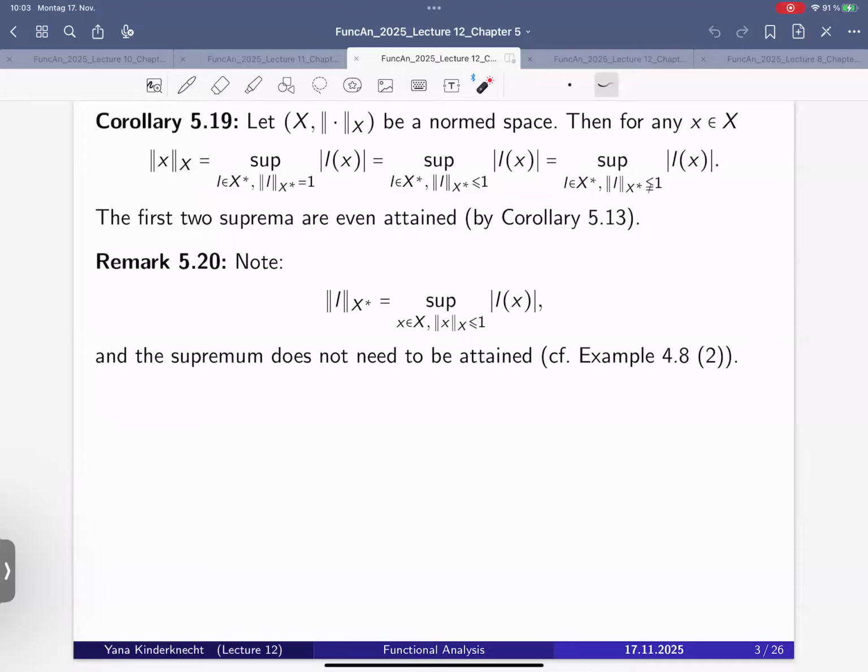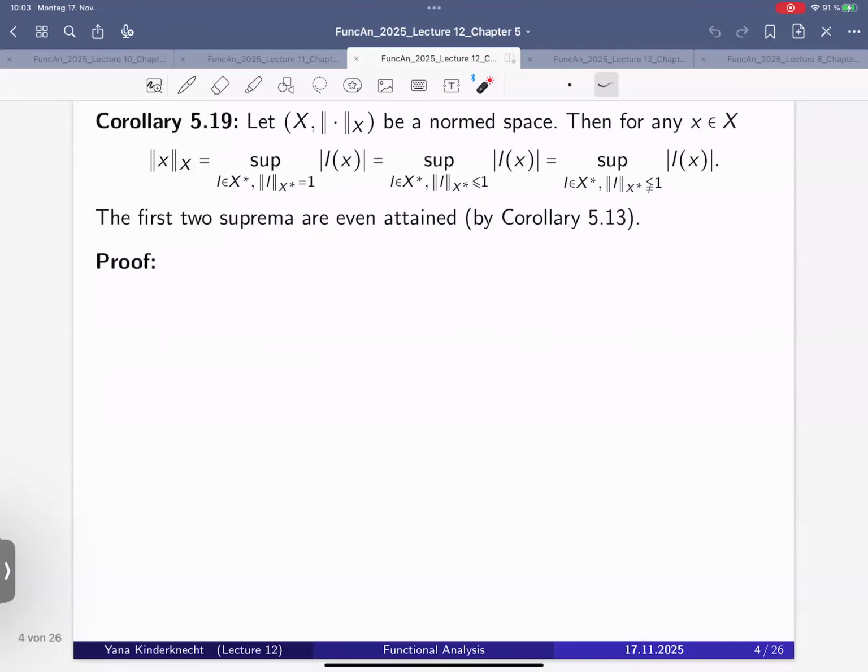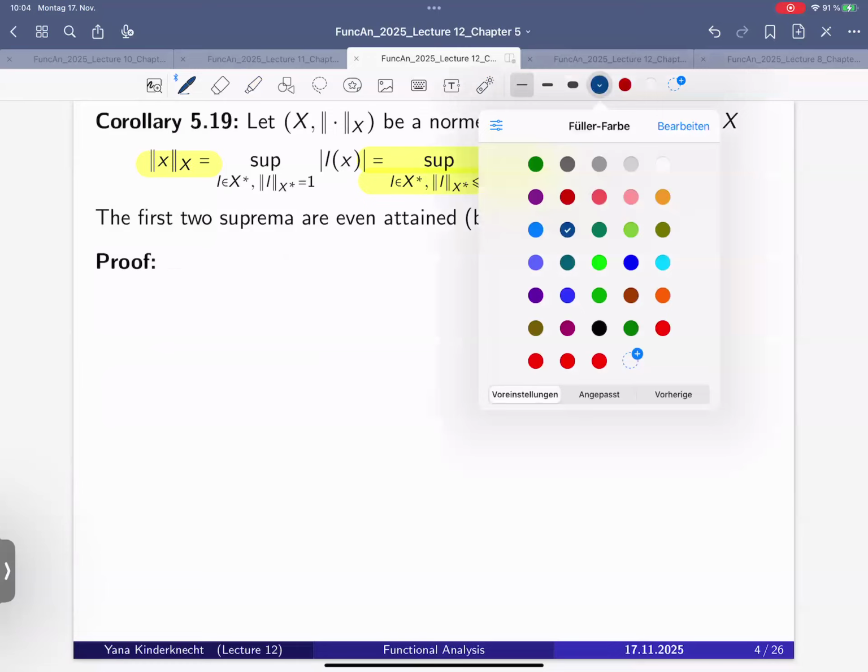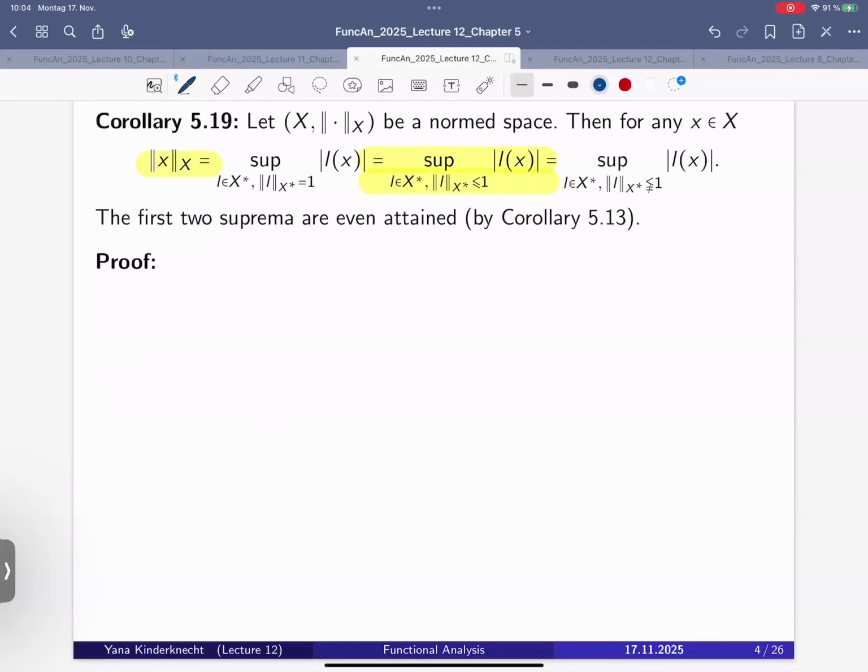Okay, so let us check this identity. Let L be a continuous linear functional with the norm smaller or equal to 1.